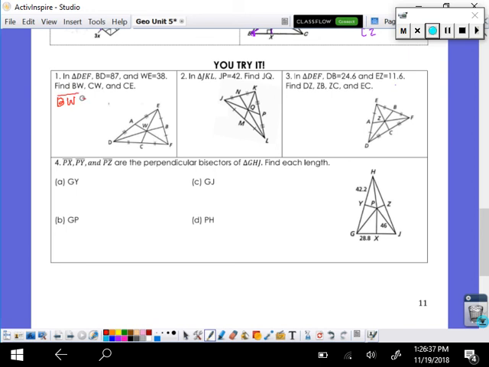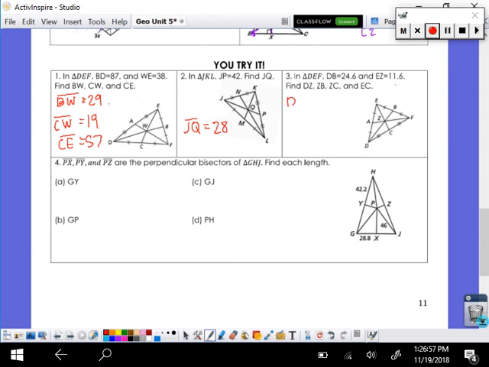So I got BW equals 29, BW equals 19, BE equals 57. Number 2, JQ, 28.